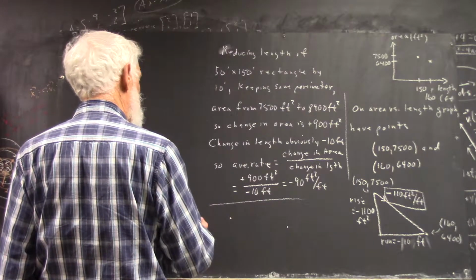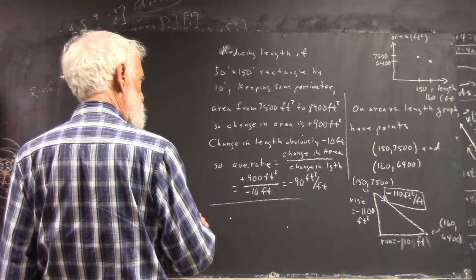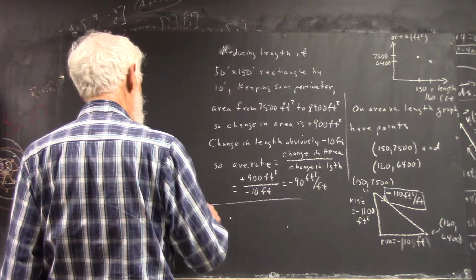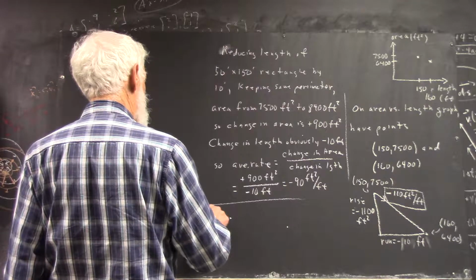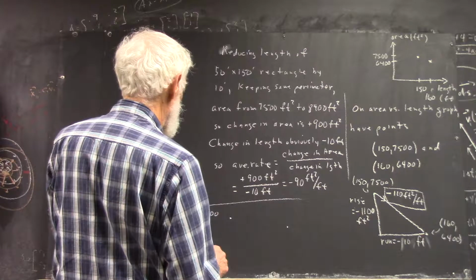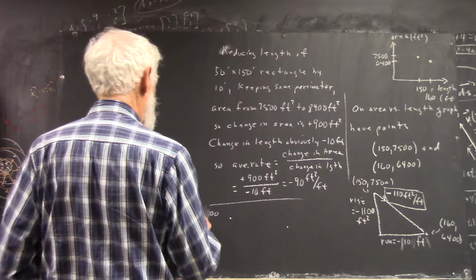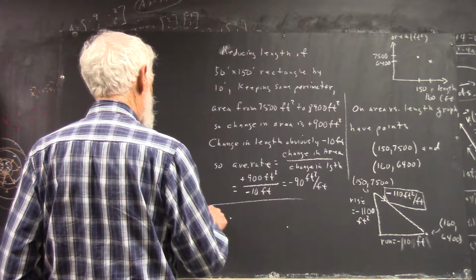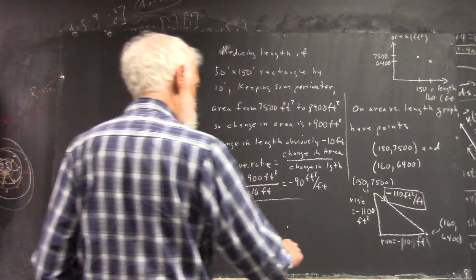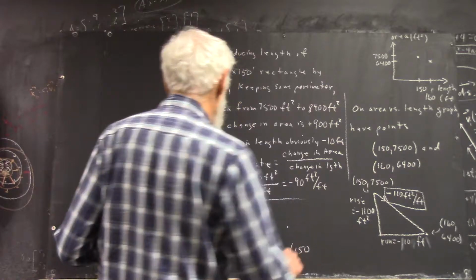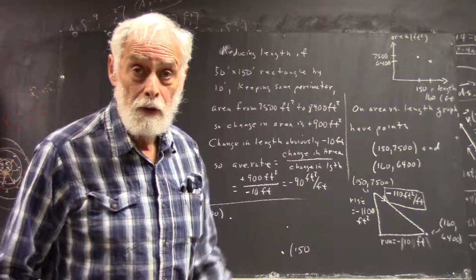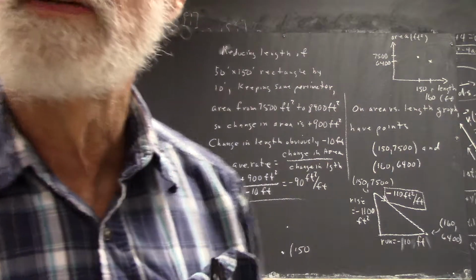So what have you got? You've got 150. Actually, I want to do the 140, 8,400 here. So the 150 would go to the right of the 140 if you have the length axis going the way it's indicated. Let me make sure.